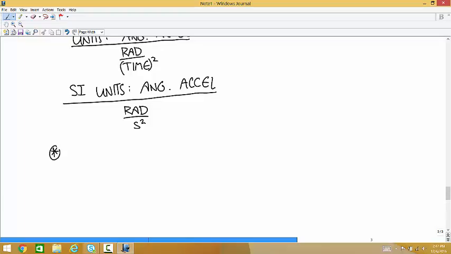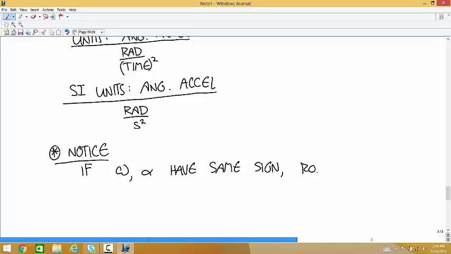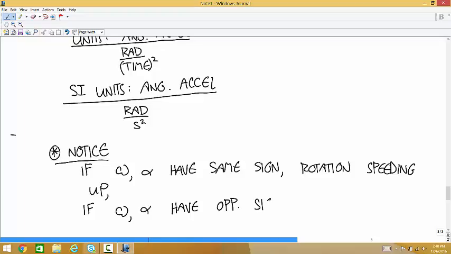So notice, if the angular velocity and angular acceleration have the same sign, the rotation is speeding up. And if omega, the angular velocity, and the angular acceleration have opposite signs, the rotation is slowing down.